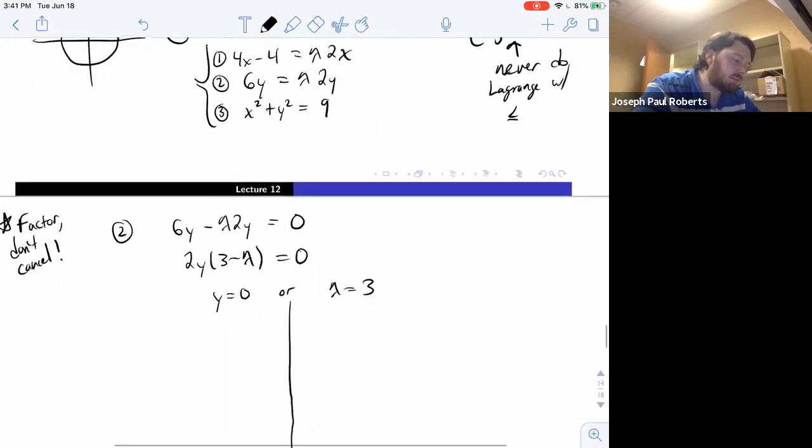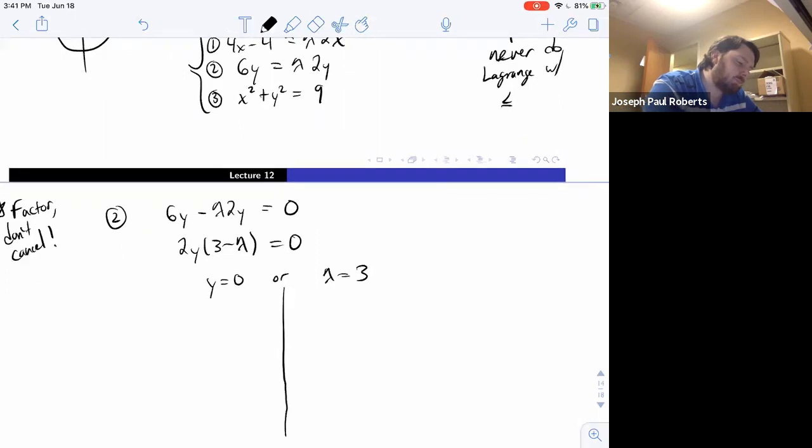So if y is 0, I can immediately go to equation 3 to get that x is plus or minus 3. And then if lambda is 3, I should take that to equation 1 to get that 4x minus 4 is 6x. So that what, 2x is negative 4, so x is negative 2.